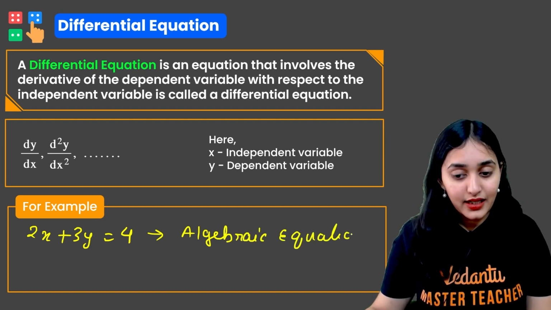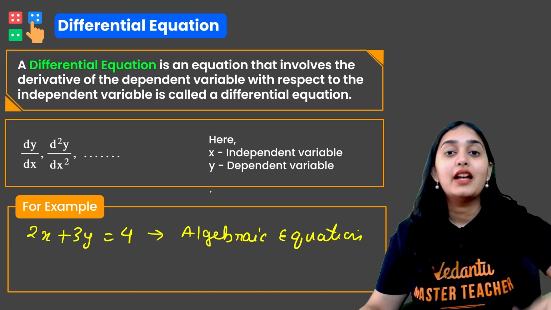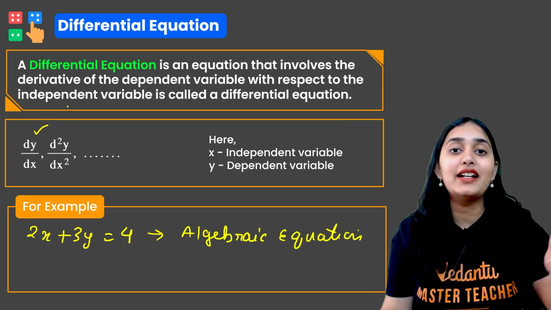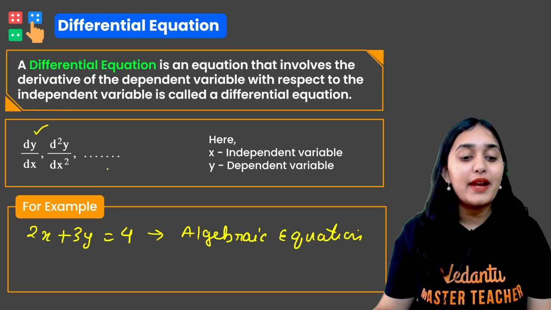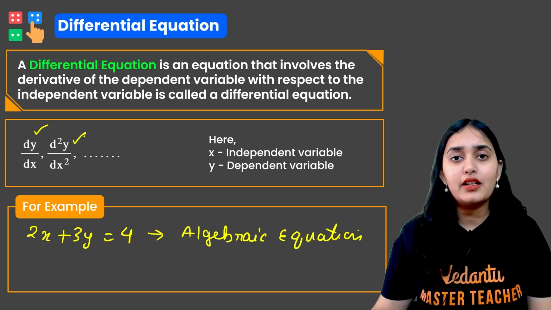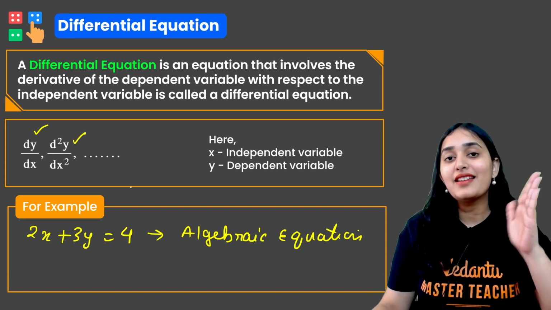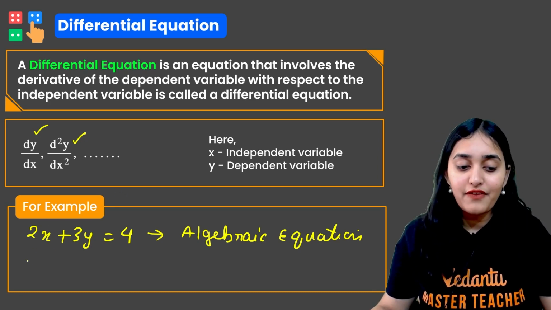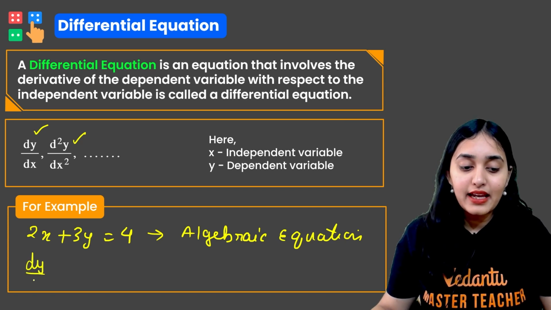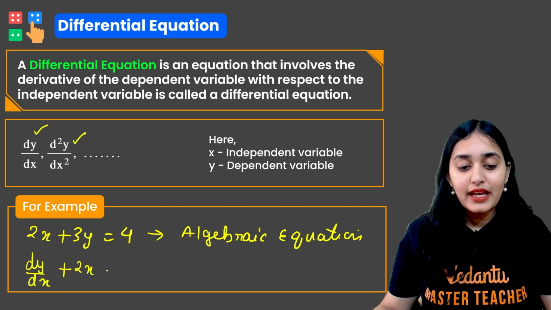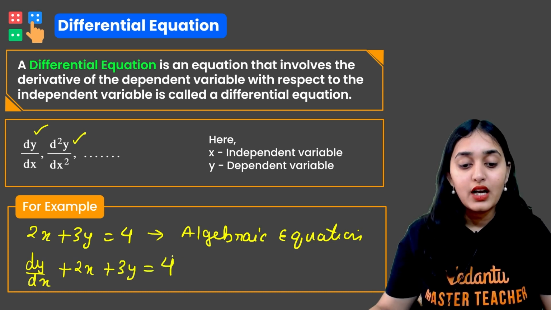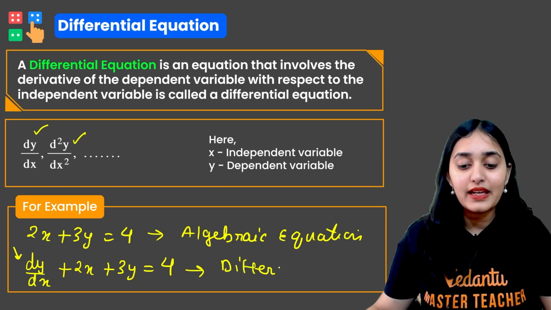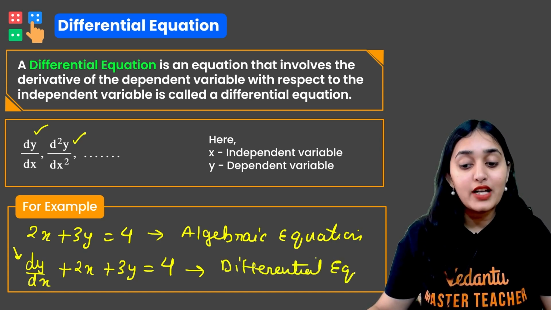Now, if I involve a derivative of a dependent variable with respect to an independent variable, first order derivative, second order derivative, third order derivative, anything, it becomes a differential equation. So if I write dy by dx plus 2x plus 3y is equal to 4, just by adding this derivative, it became a differential equation. Clear? So that is what a differential equation is.